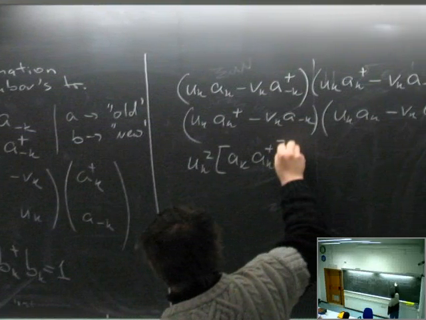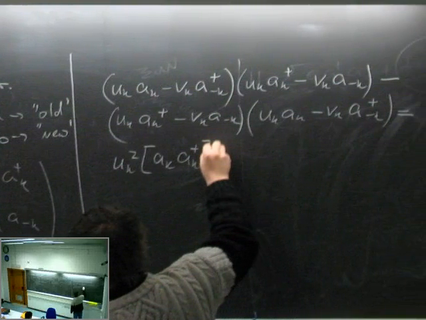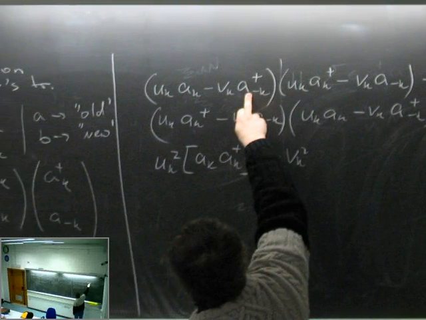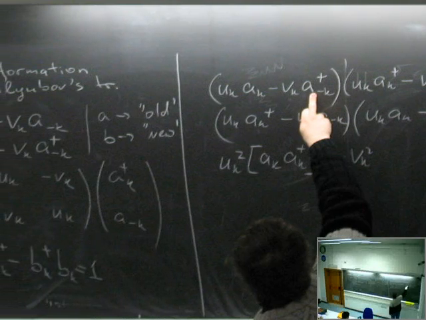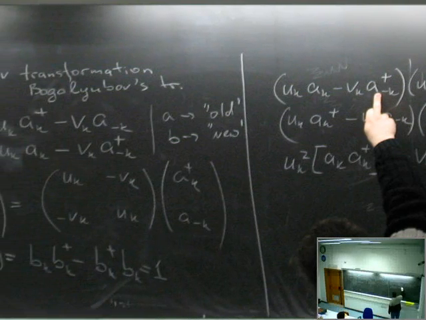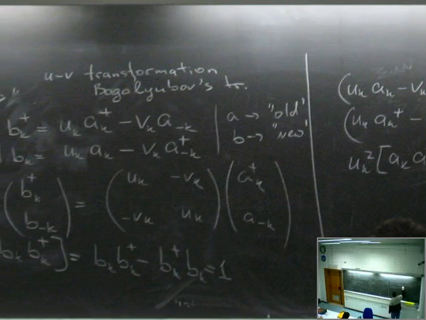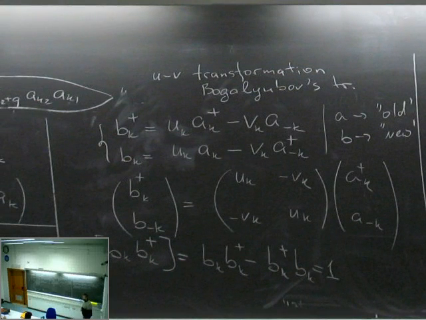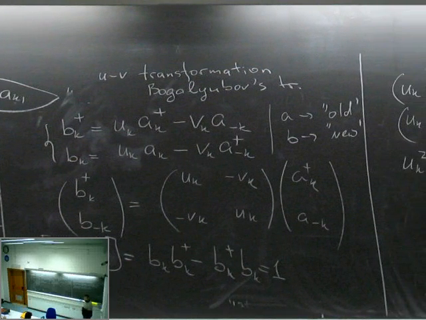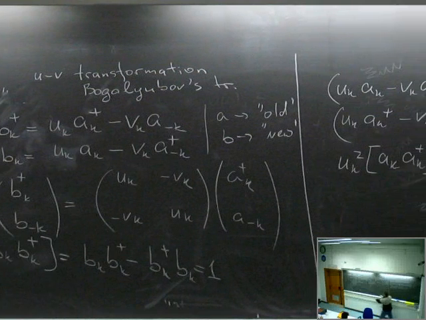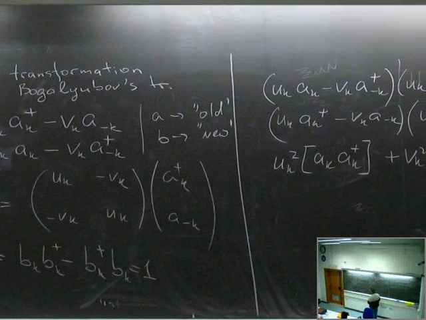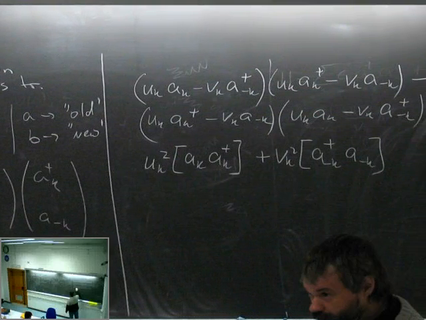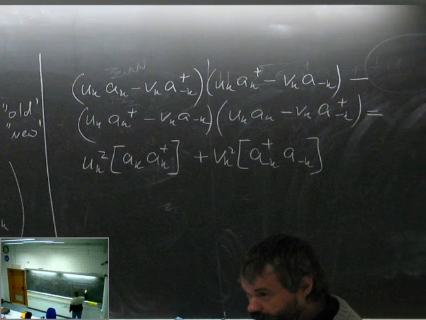Then I have plus V_k squared, this term: a_{-k} dagger a_{-k} minus a_{-k} a_{-k} dagger. So it's the commutator of a_{-k} dagger with a_{-k}, which is equal to minus 1, because when I interchange the operators in the commutator, I change the sign. So this is 1, this is minus 1.